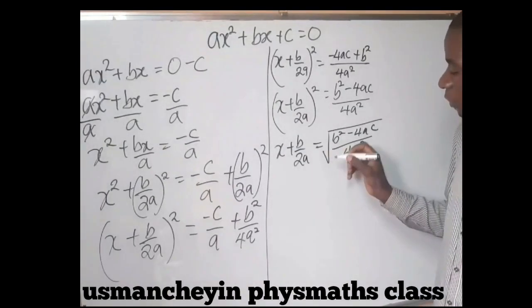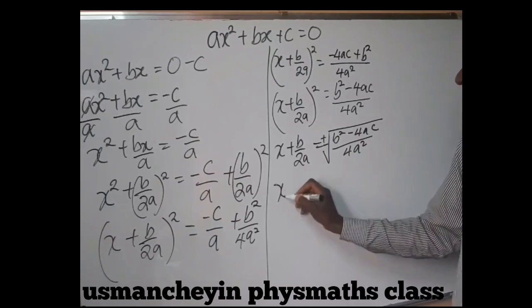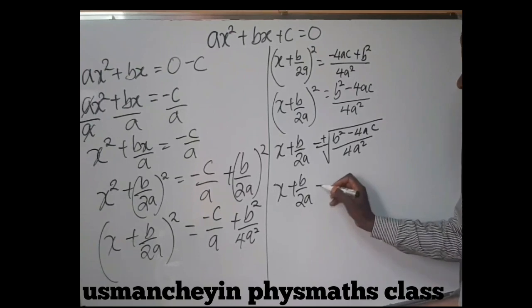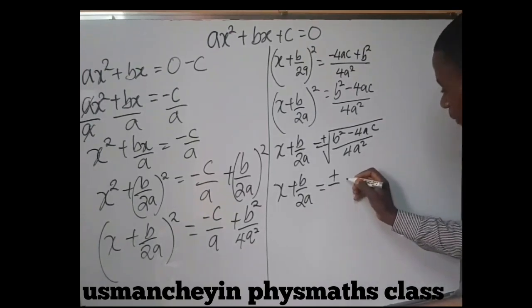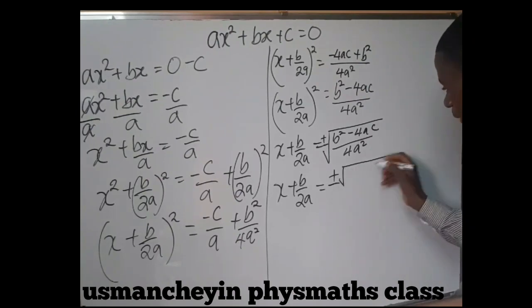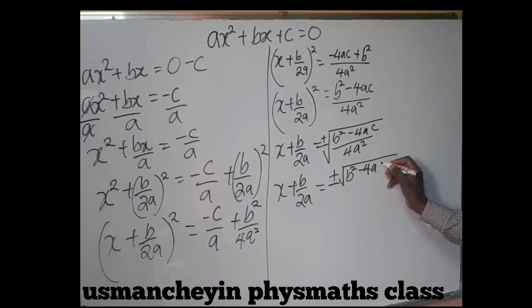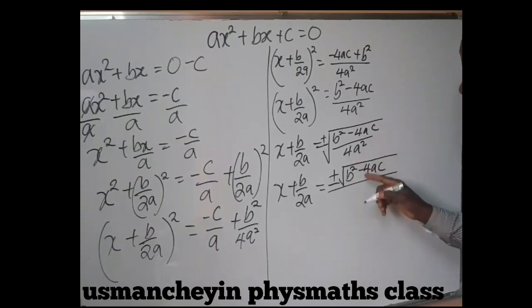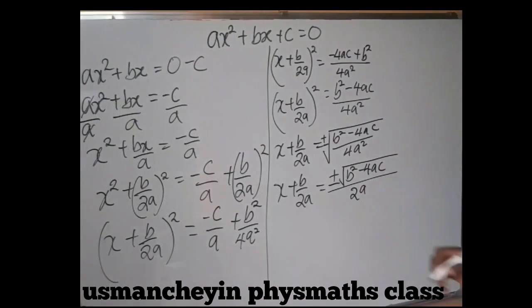And for this square root, there must be plus or minus. Okay, so we have x plus b all over 2a is equal to plus or minus square root, considering the numerator, we have b squared minus 4ac. Now, taking the square root of 4a square, you're going to have 2a only, so we have 2a.